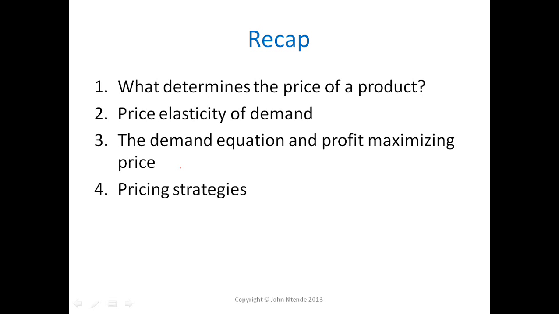We looked at marginal cost plus pricing, where a margin is applied to the variable cost of production. We looked at complementary product pricing. We looked at price discrimination, where you price according to different demographics. And finally, we looked at relevant cost pricing, where relevant cost was defined as a future incremental cash flow.